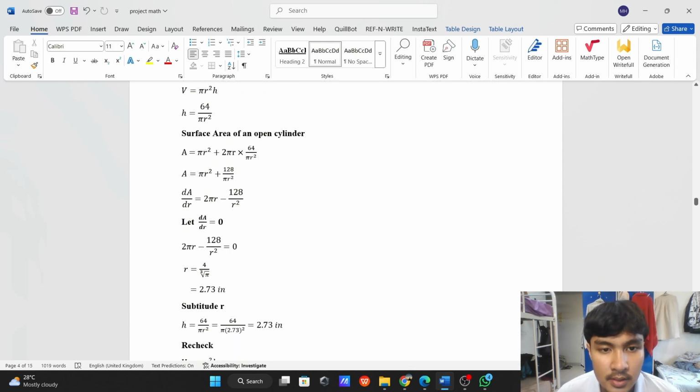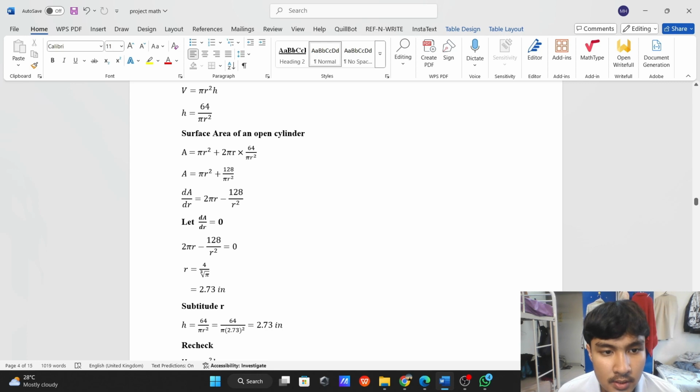Surface area of an open cylinder. The formula is A equals pi r squared plus 2 pi r multiplied by 64 over pi r squared. We simplify, we got pi r squared plus 128 over r.